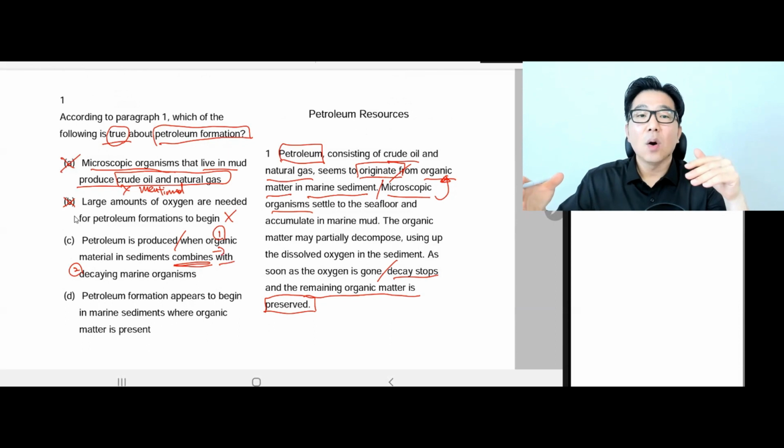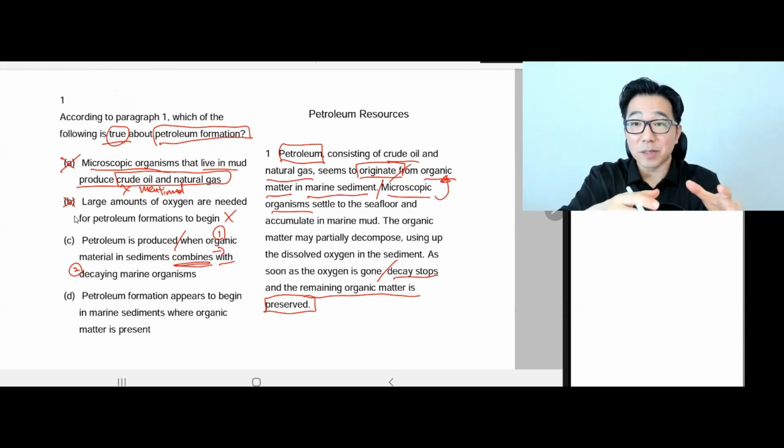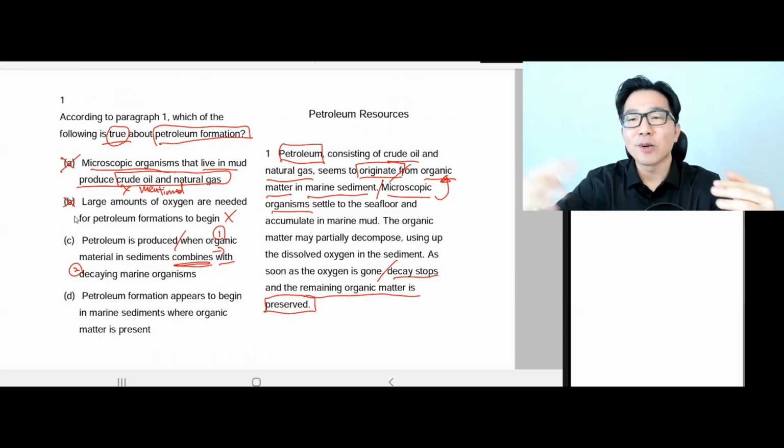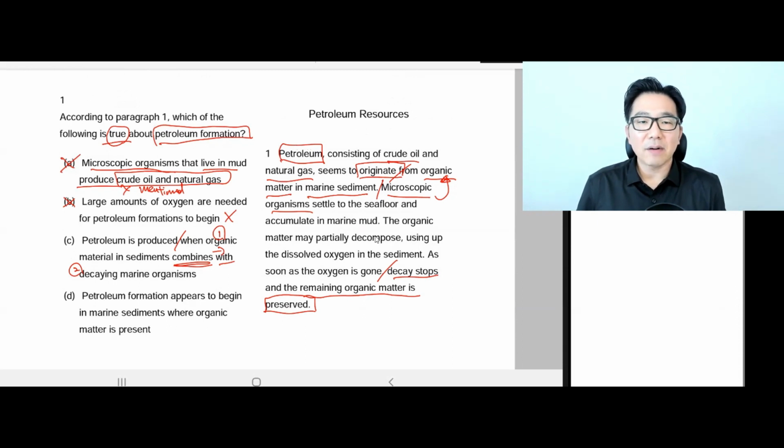So when organic material in sediment combines with decaying marine organisms, that makes no sense, right? All paragraph 1 is saying is that organic material in sediment or marine organisms, it's all the same thing. It's just one thing.